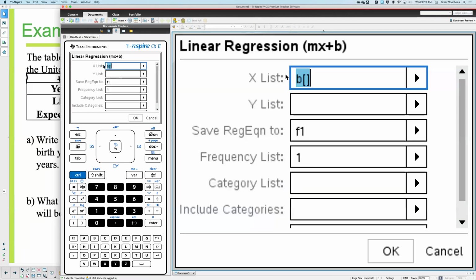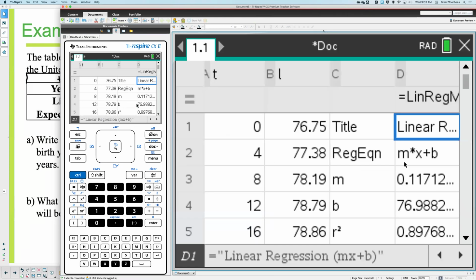For x list, what do we title our x column? T. For the y list, what do we title the y column? L. What's it saving the equation as? F1. That's right. Okay, hit OK.